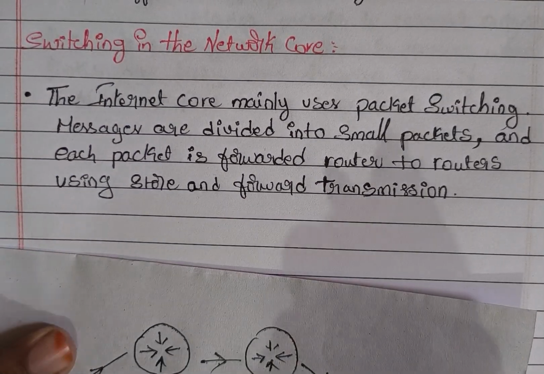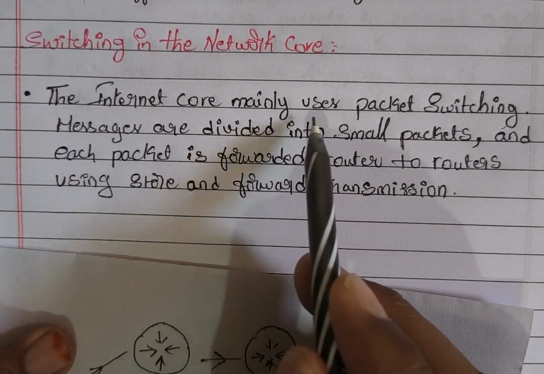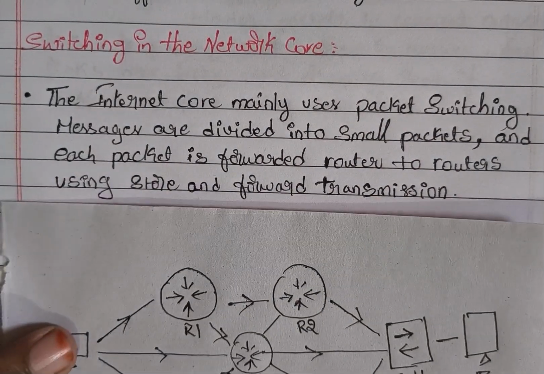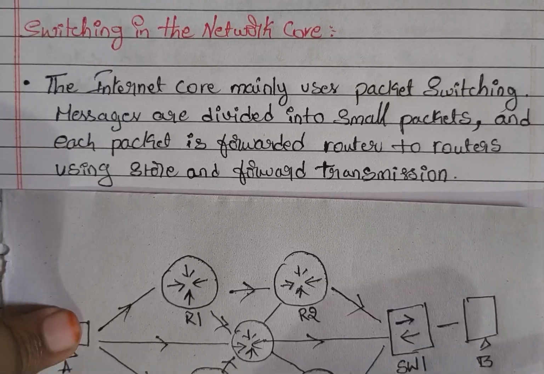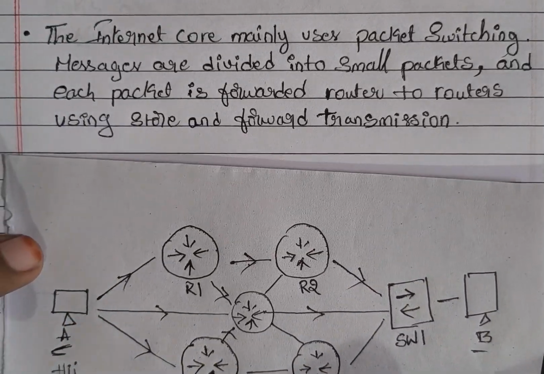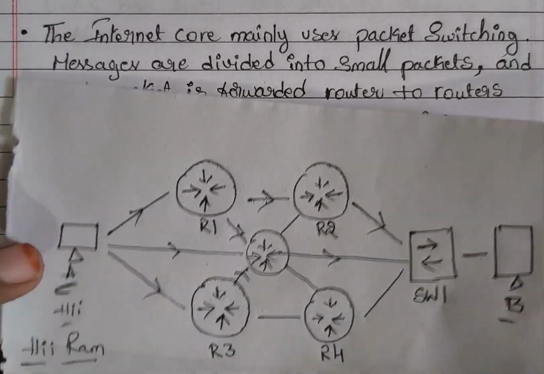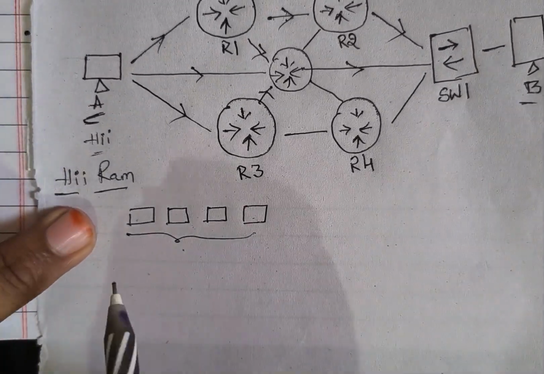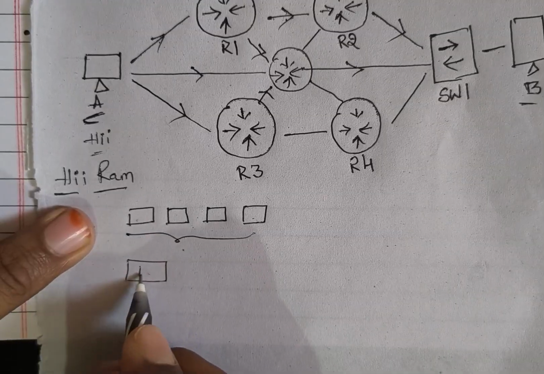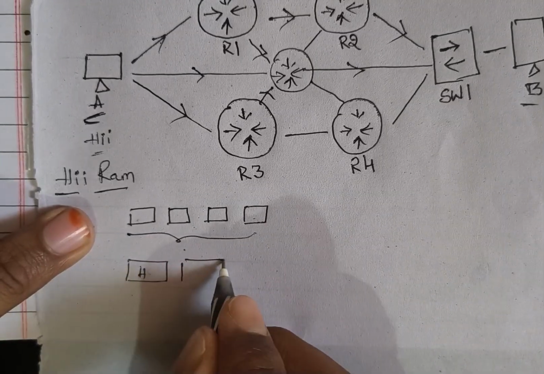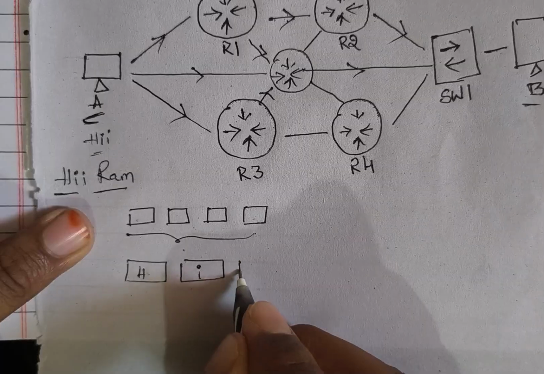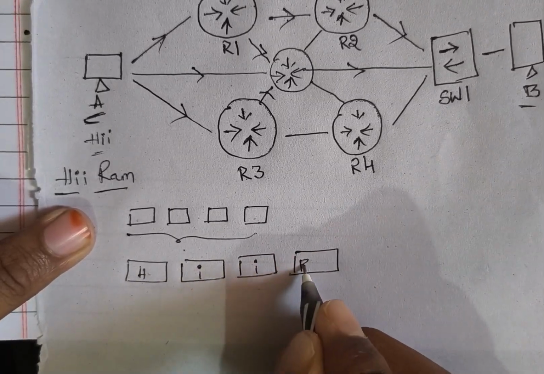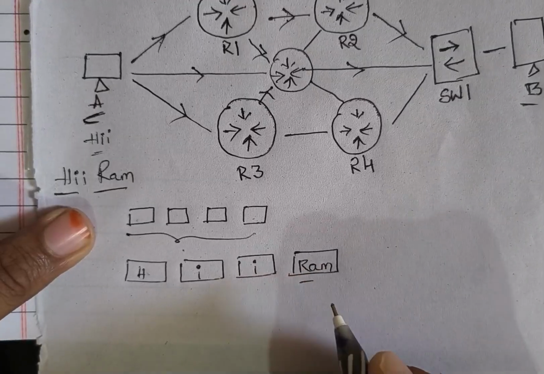Most of the cases, the internet core mainly uses packet switching. The data is divided into small units; that is called packet switching. For example, here "Hi Ram" will be divided as H in one packet, I in another packet, or else in total "Ram" in one packet.